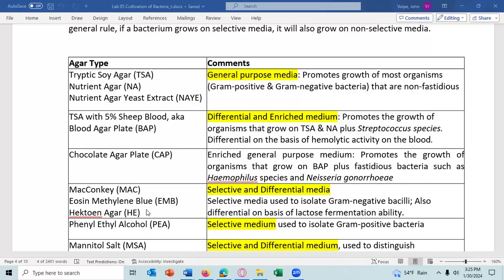You don't need to know the color for this portion of the lab, but I think in a later lab, we'll talk about the different color of these three. Any questions about MAC, EMB, or HE agars?